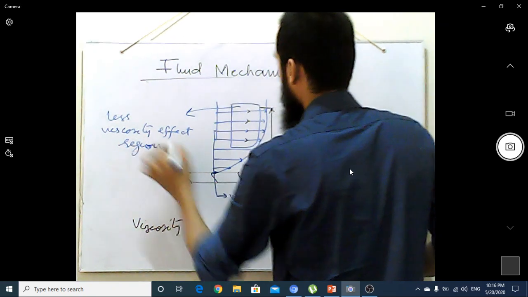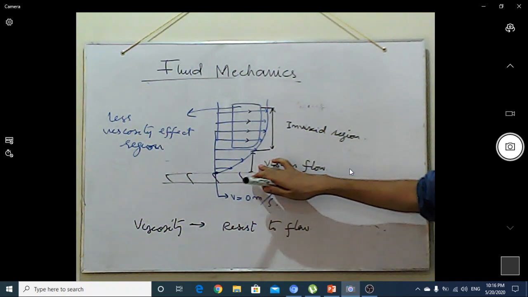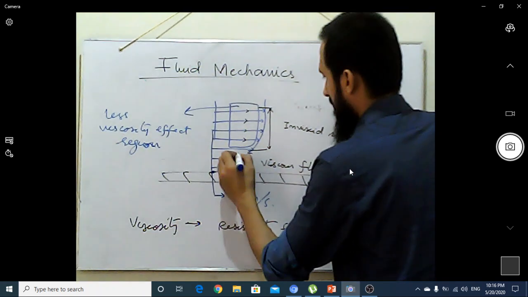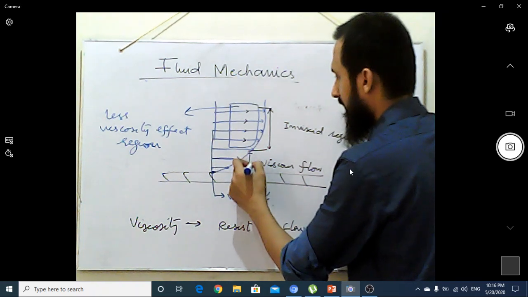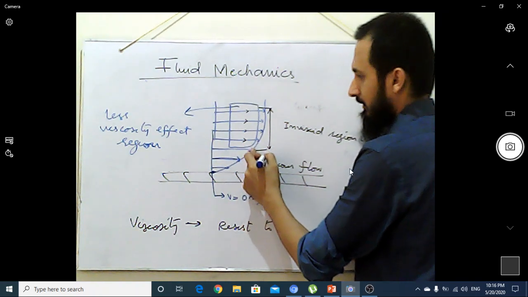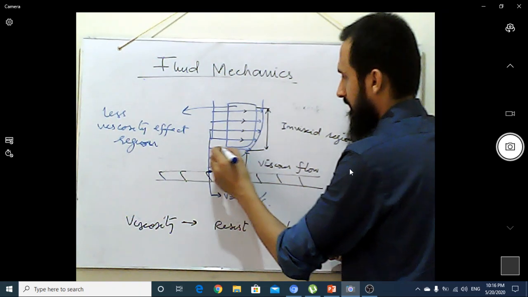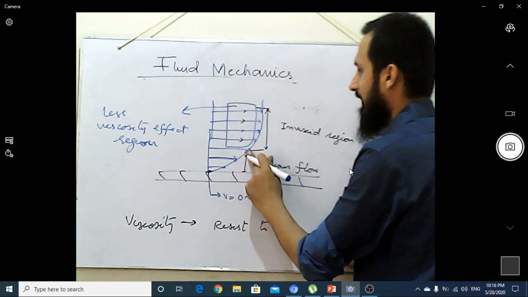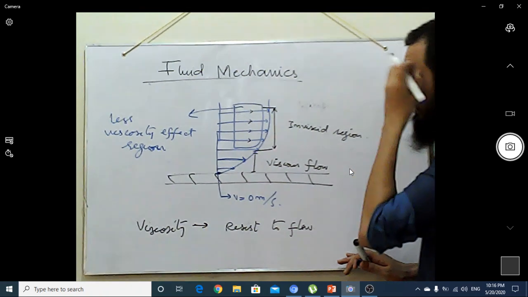On the other hand, if we see here, this layer is restricting this layer, due to which this layer comparatively has lower velocity than the preceding layer of the liquid.